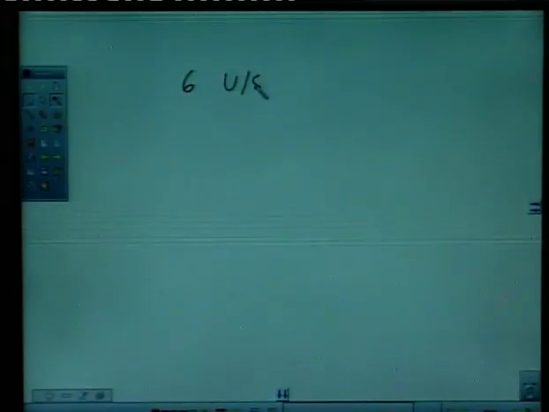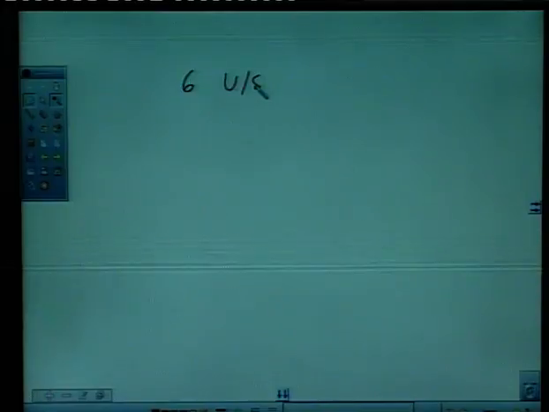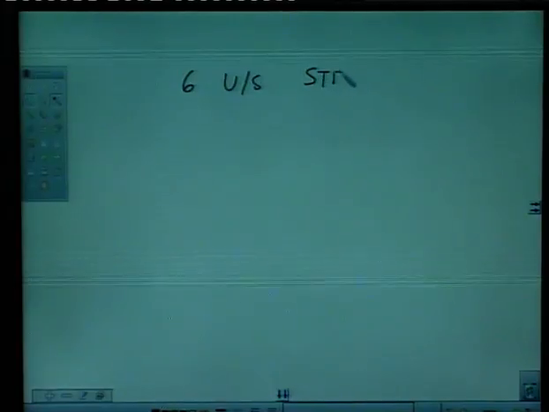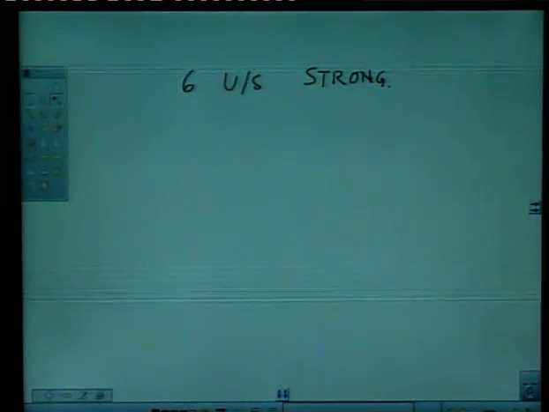Then sixth, the upstream face should be strong enough to resist all possible forces. So, this should be strong against wave and water pressure.